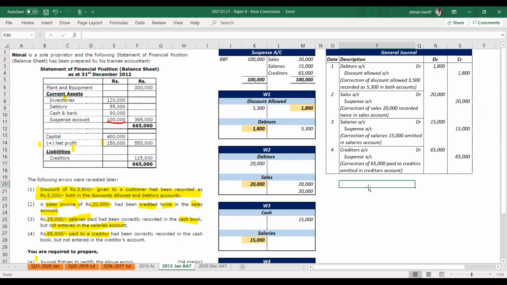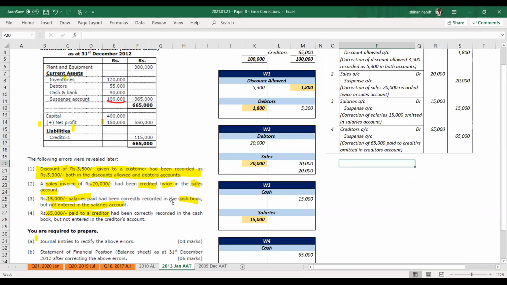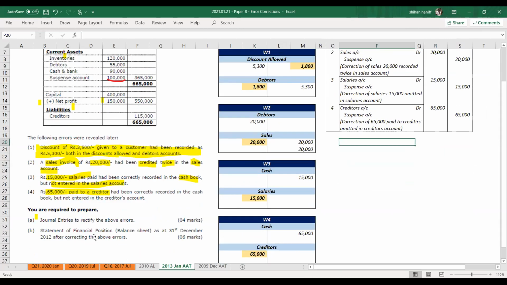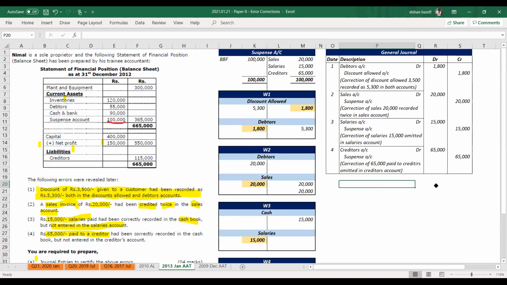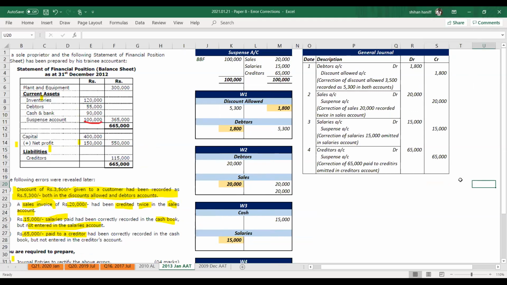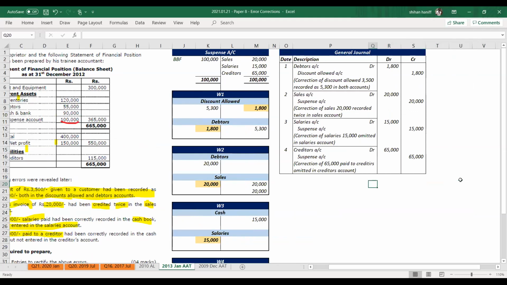Then the second part of the question, leave the journal entries. The second part of the question: statement of financial position as at 31st December 2012 after correcting the errors. So we need to prepare a statement of financial position.